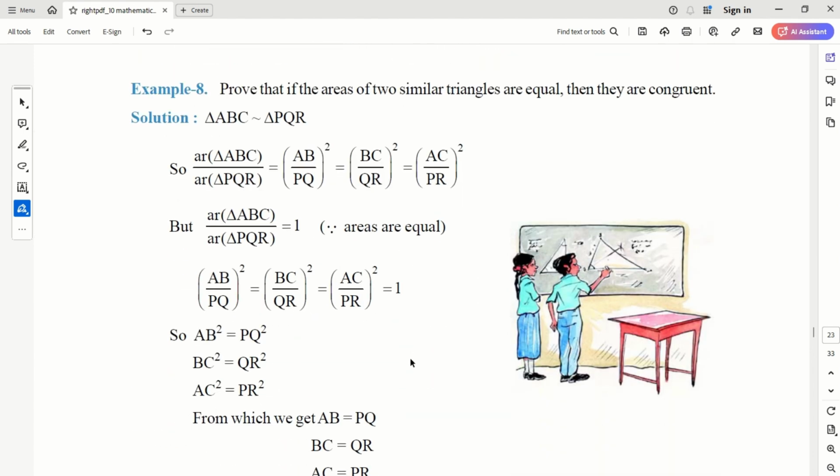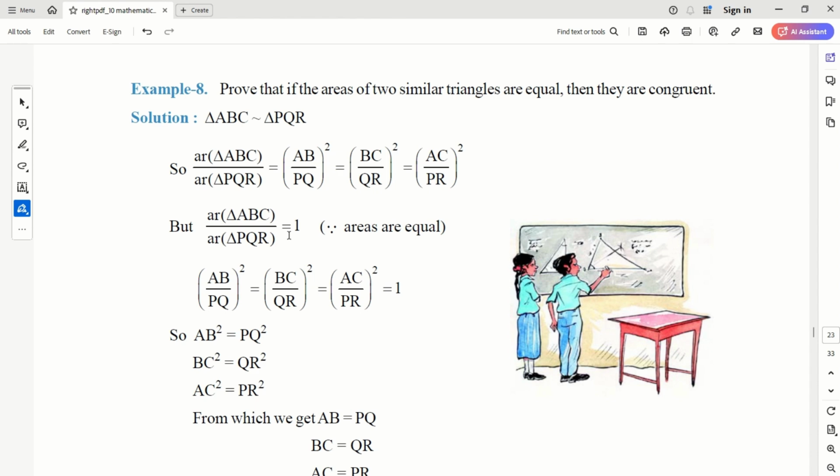Now, prove that if areas of two similar triangles are equal, then they are congruent. Okay. Now, next question is if area is the same, then they are congruent. So area of ABC by area of PQR is equal to AB square by PQ square. Right, this we know.